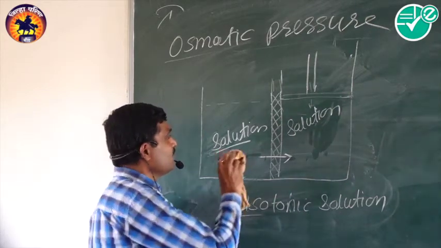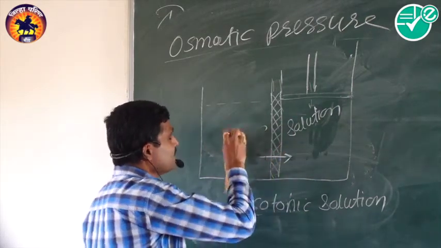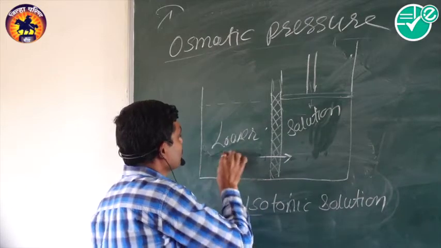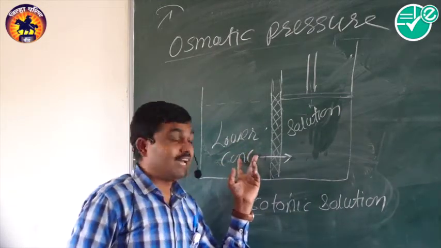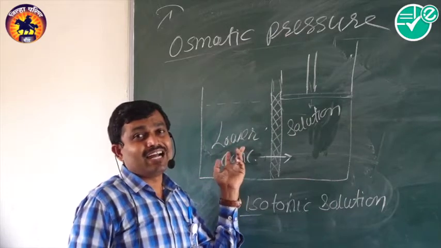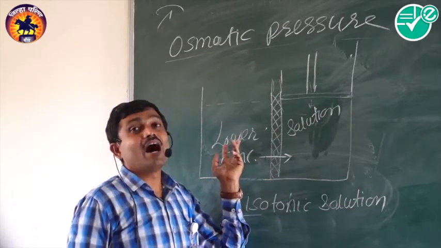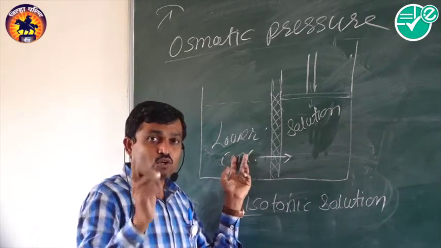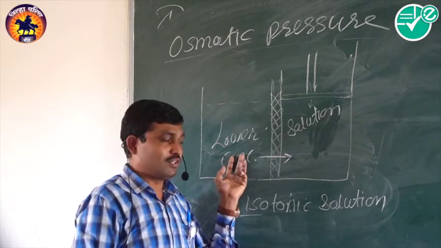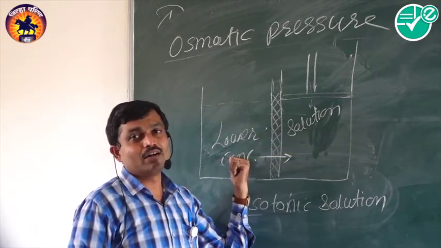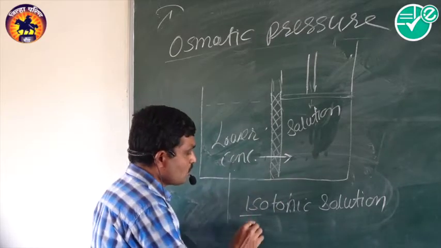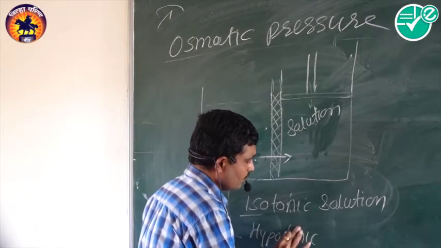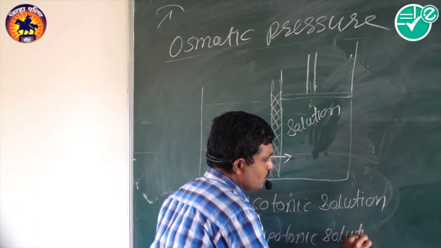Now look here, if this solution has the lower concentration, then it is called a hypotonic solution. A solution having the lower concentration, the lower osmotic pressure, is called a hypotonic solution.